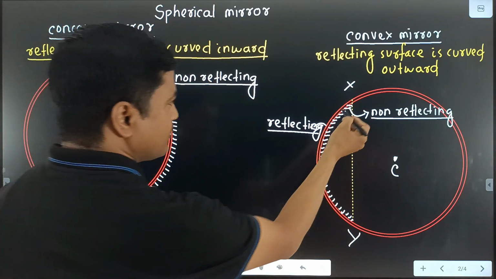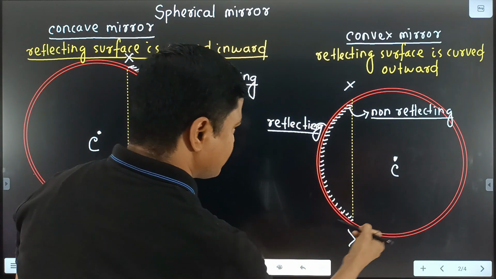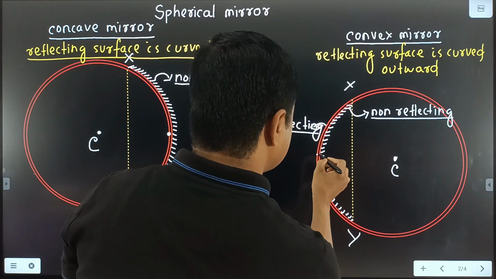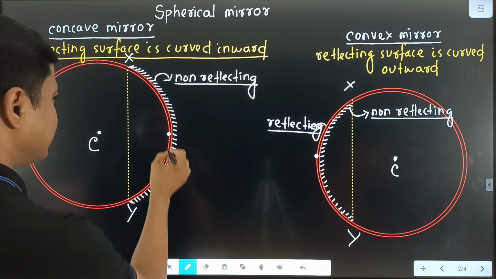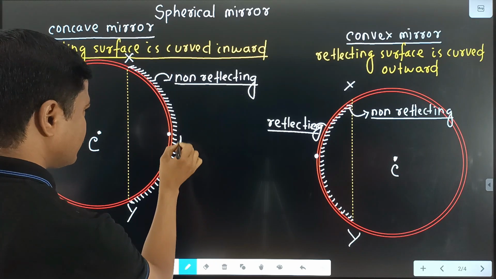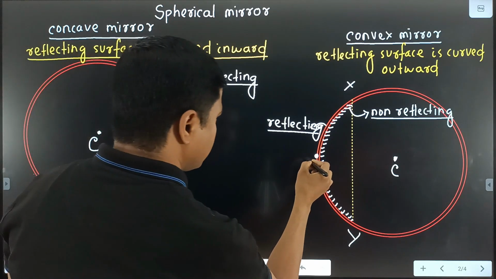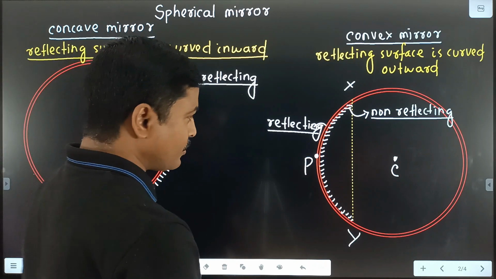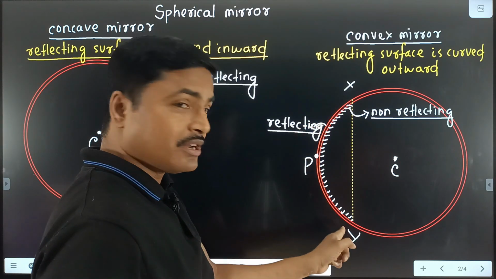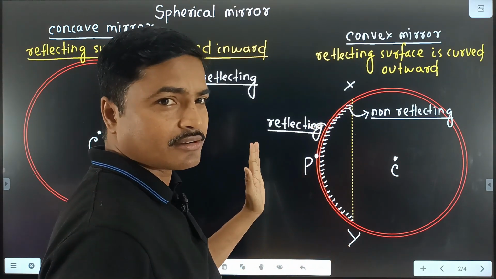Here also same thing. Here the outer surface is the reflecting surface, and this point is the center of the reflecting surface. We write that as P, P for pole. And this pole is situated on the reflecting surface, not outside. Clear?